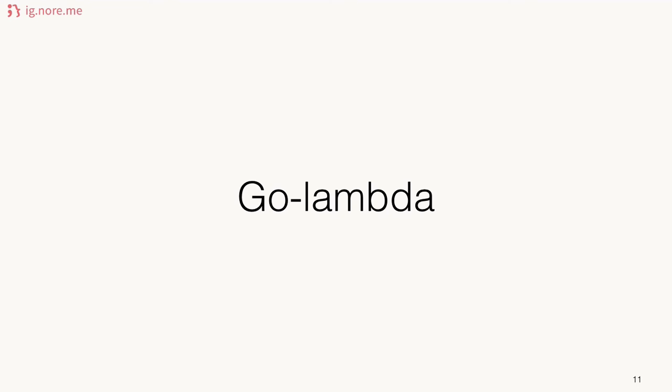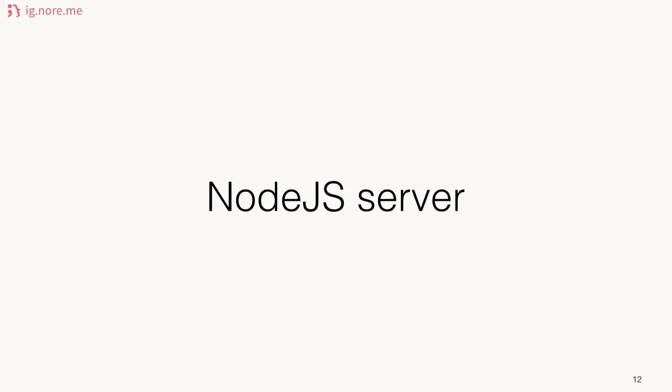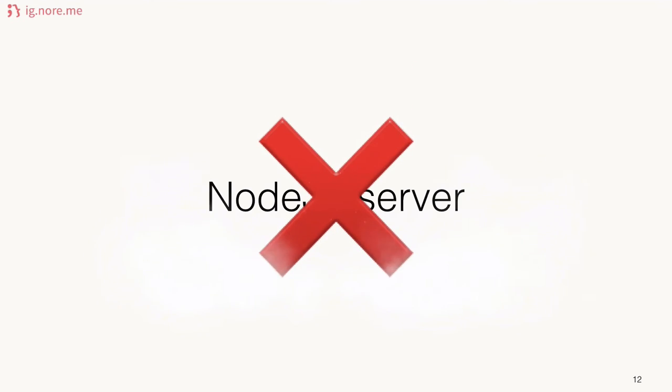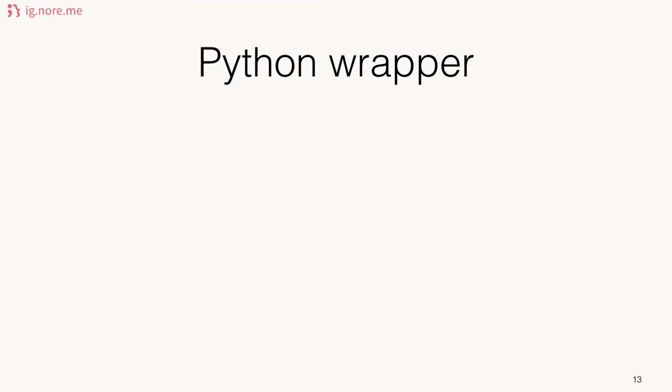There are actually two projects by this name. One of them requires that you set up a Node.js server to do all the deployments to Lambda and things like that, and that was just not something I was interested in. The other Go Lambda uses a Python wrapper, which seemed like a pretty good solution. However, when using it, I ran into a couple of things.